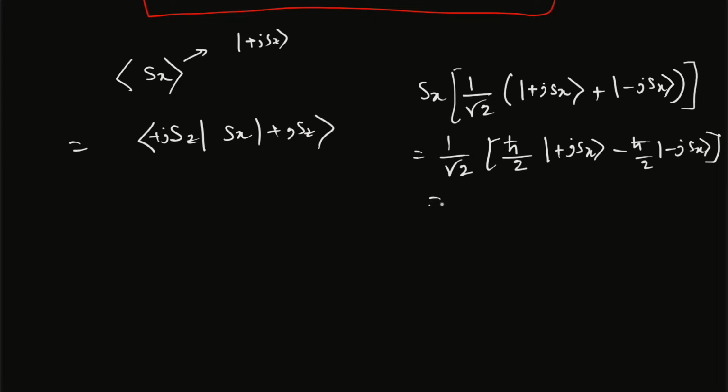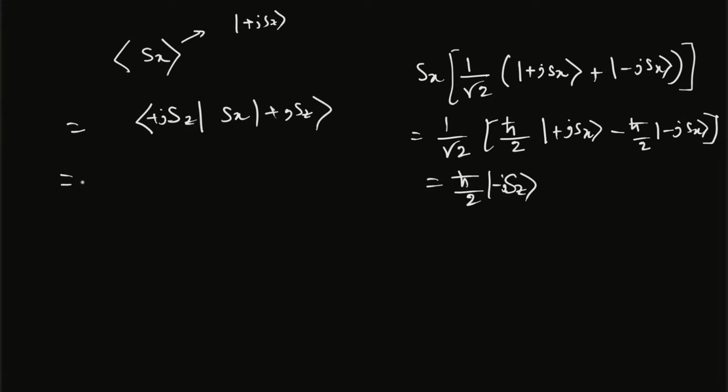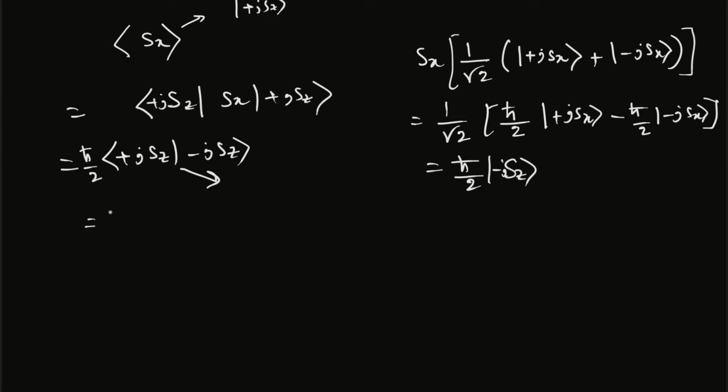That means it will give h cut by 2 plus Sx minus minus Sx. From the orthonormality relation, we know that this is equal to 0. So the expectation value of Sx in this basis is equal to 0.